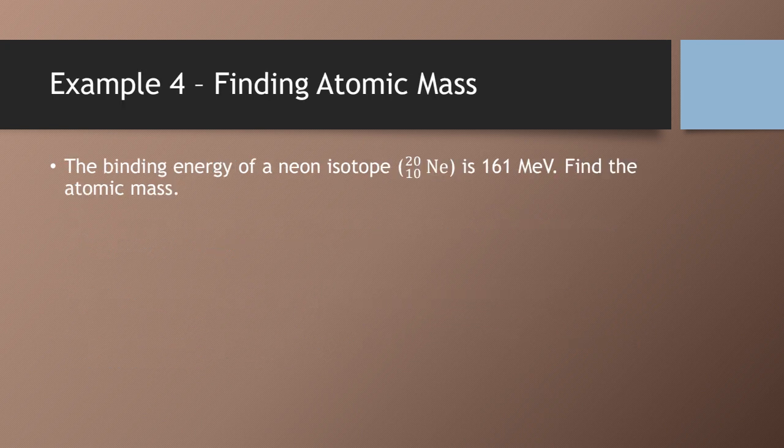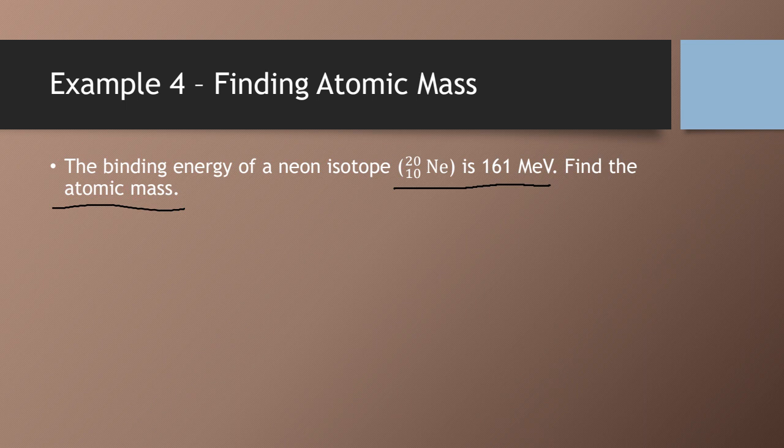So we can calculate the binding energy of a neon isotope or any isotope. And we can also find the mass if we know the binding energy. A neon isotope has a binding energy of 161 mega electron volts.